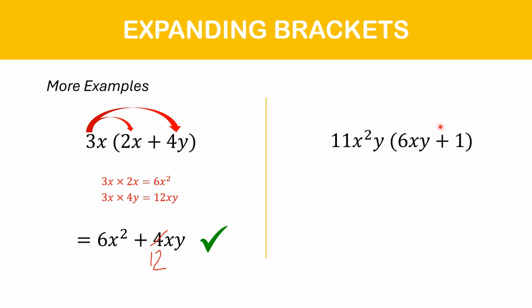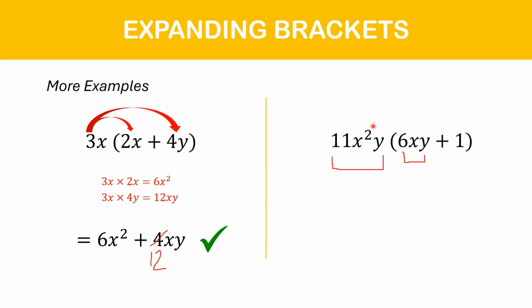This one arguably looks a bit trickier, but remember, let's just apply what we know about regular algebra and what we now have learnt about expanding brackets. So we take this first term here, remembering the first term is all of 11x squared y, and we times that by the first term in the brackets, 6xy.